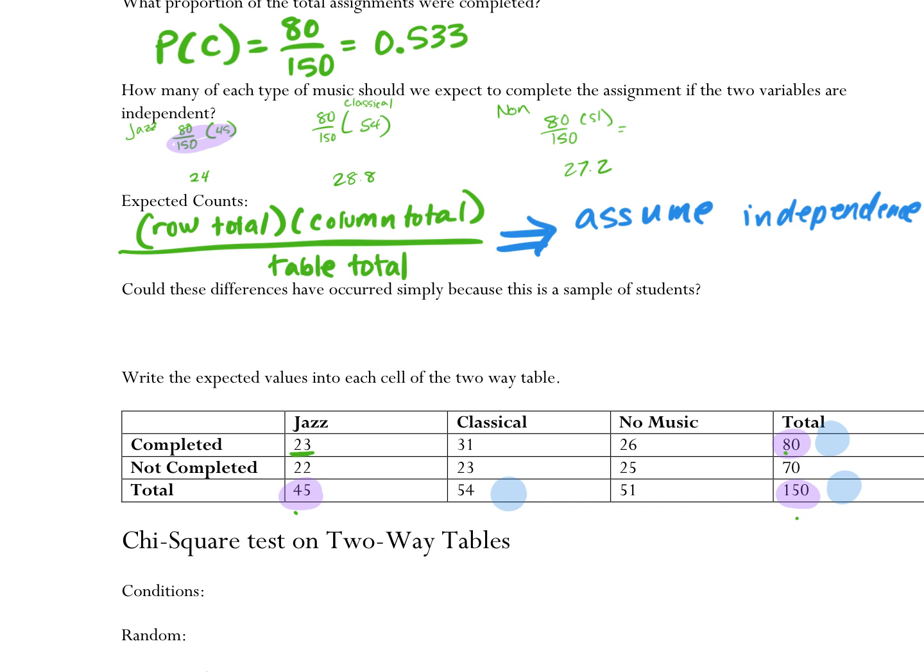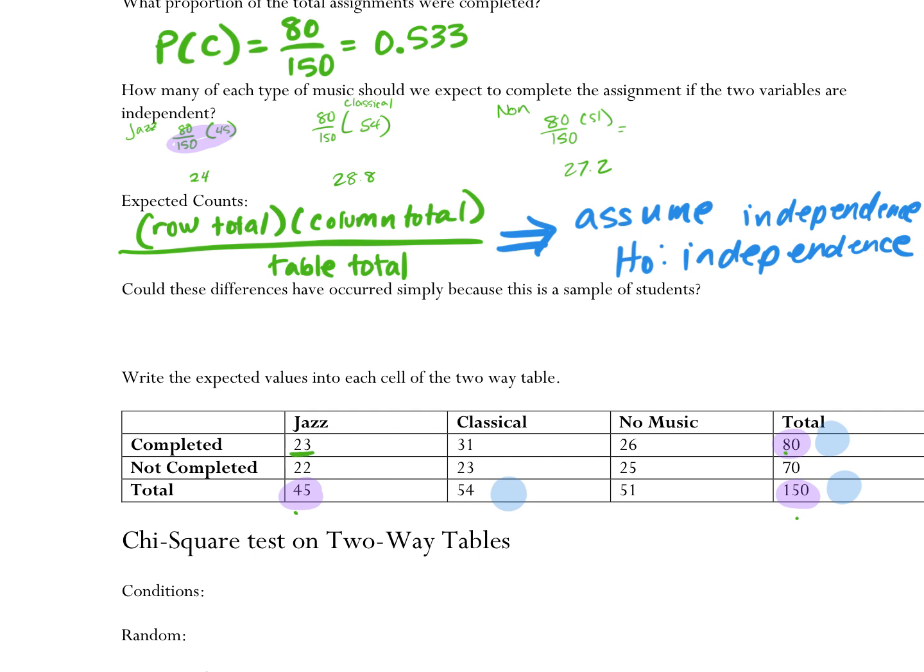Now, really important idea. If I'm making those expected counts assuming the two events are independent, that tells me that my null hypothesis will be independence. It'll be more formal than this, but remember, our logic of a test is we assume our null hypothesis is true.